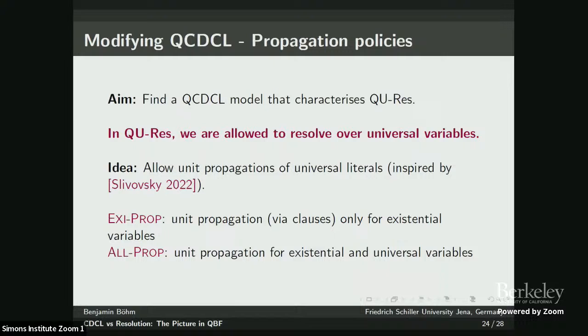In QU-Res, we are not only allowed to resolve over existential variables, but also over universal ones. So we have to allow unit propagations also of universal literals. This was, by the way, inspired by a work by Friedrich Slivovsky last year. And he also implemented this.